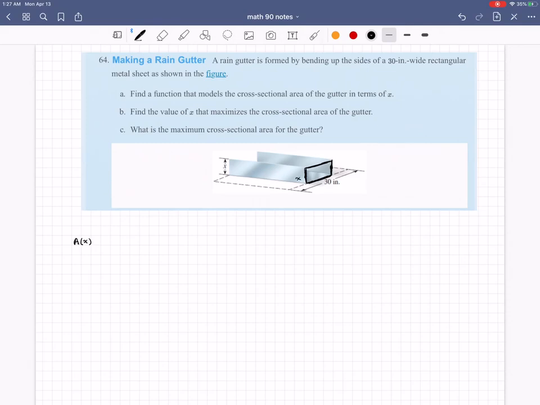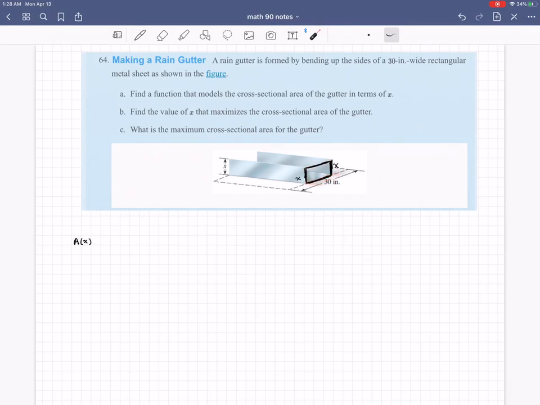Now, in order to achieve this rectangle, we had to bend x up on both sides. So that means this here is also x. Now remember, we started with 30 inches total. If we took 30 inches and then bent x up on both sides, what's left over? So this piece here, what is that piece or this piece?